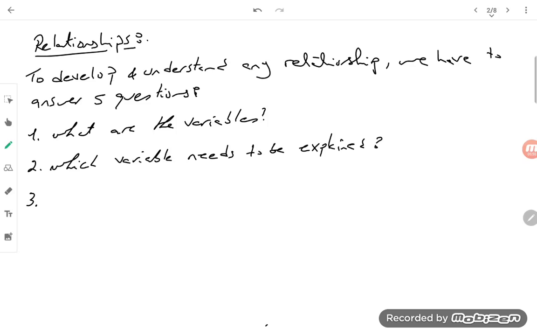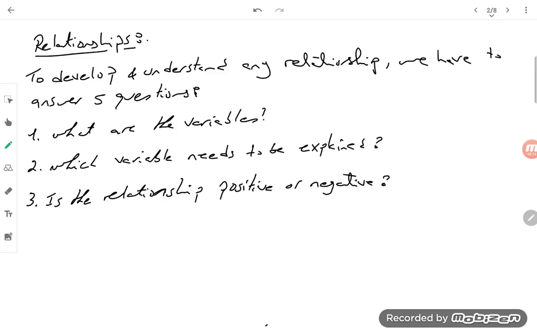Number 3, is the relationship positive or negative? Number 4, how much will be the value of the dependent variable if the value of an independent variable is 0?